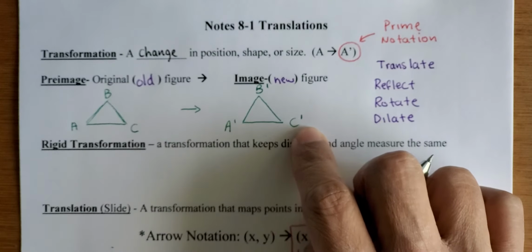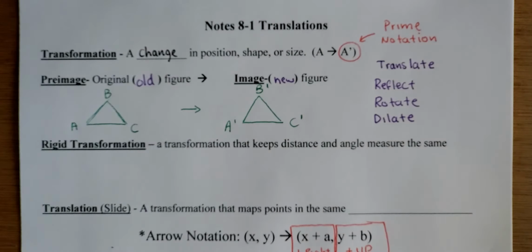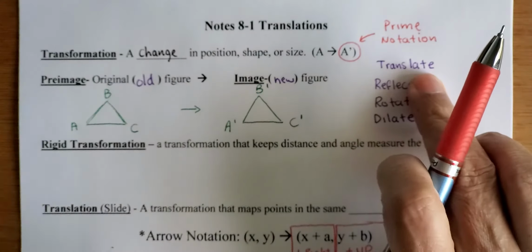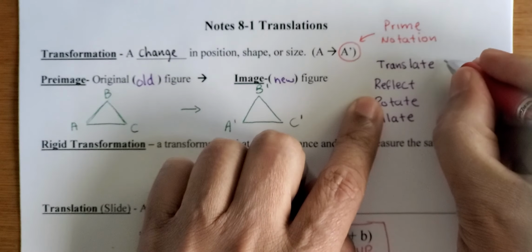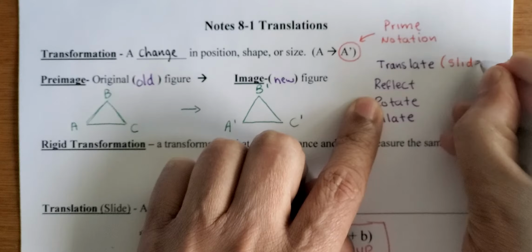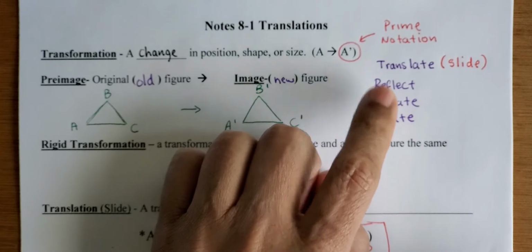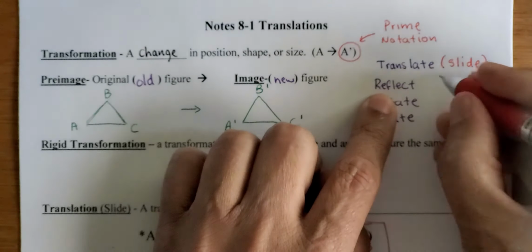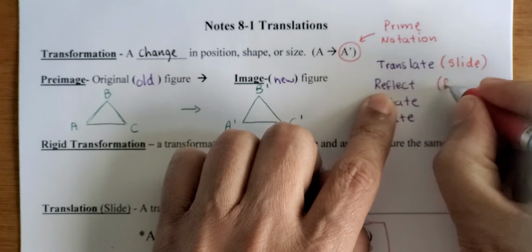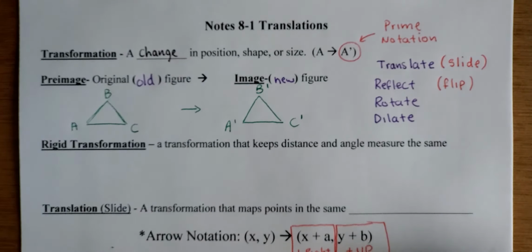Now, we have 4 different types of transformations. We have a translation or translate, and when you see translate, think that you are going to slide the figure or point. We also have reflection or reflect. Reflect means we are going to flip the figure. I guess that's an easy way to remember.